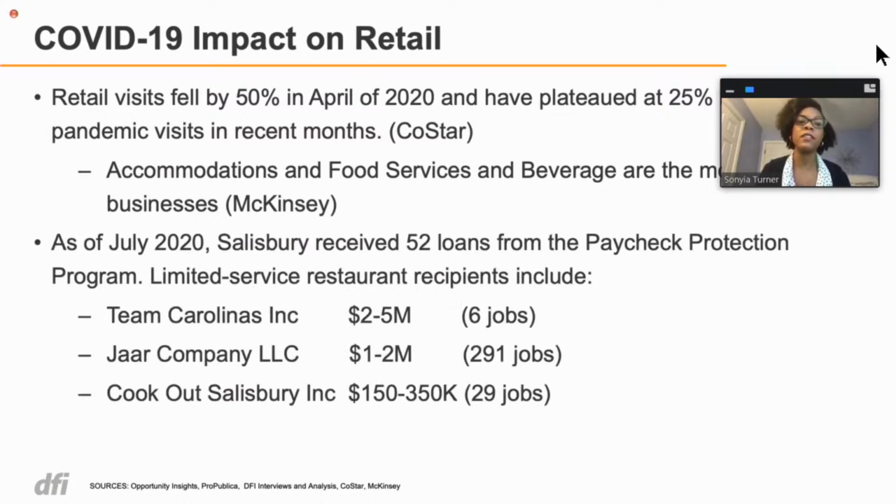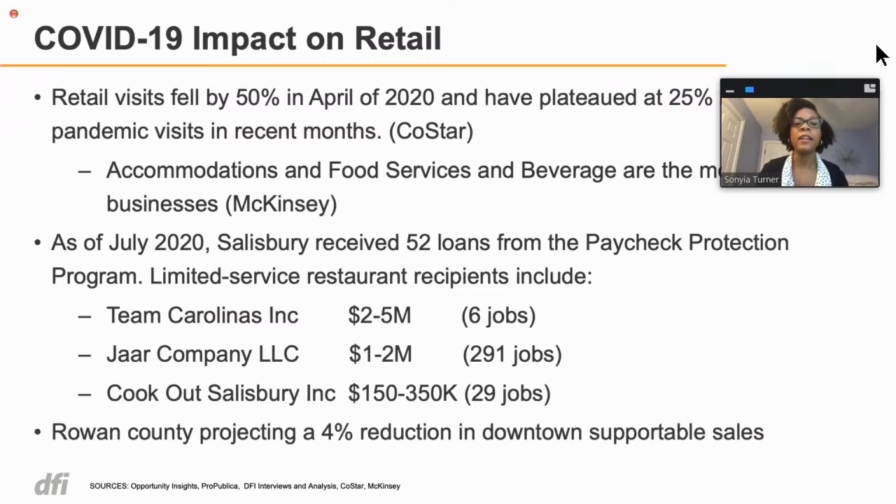And even in the city of Salisbury, as of July 2020, 52 loans from the Paycheck Protection Program were distributed. And some of the restaurants included Team Carolinas. I believe they own a couple chain restaurants. These represent different jobs and how COVID has impacted these particular businesses.